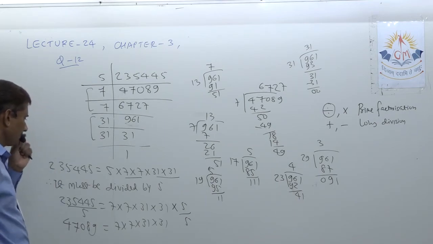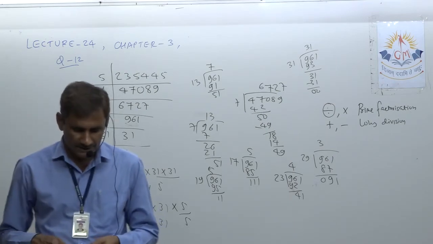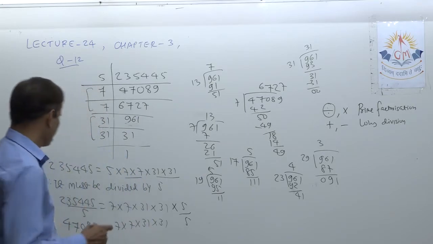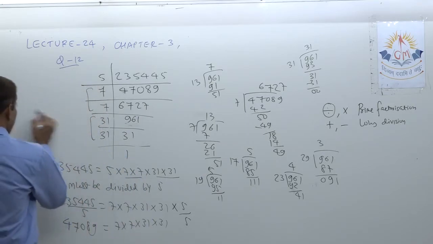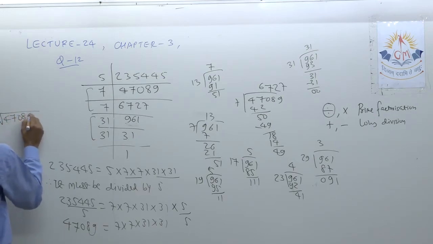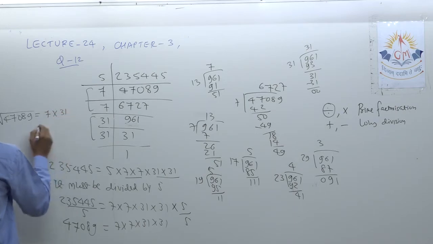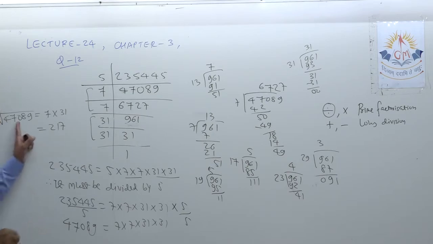So now you just say it is that number, a perfect square number, next, and its square root is what? So give the answer. Now I am writing here: 47089 equal to 7 into 31, 7 1s are 7, 7 3s are 21. So the next number is what and its square root is what?